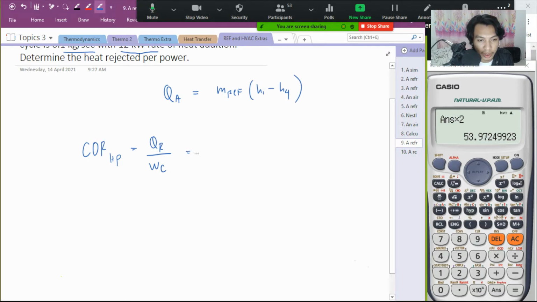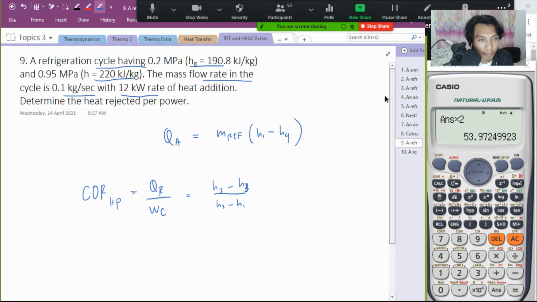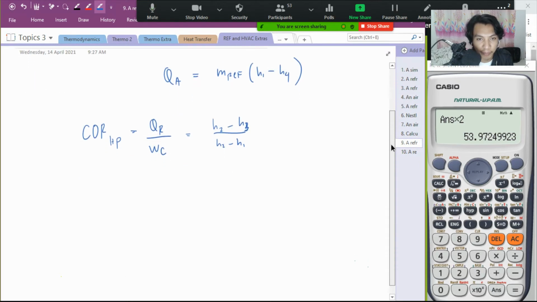So, QR is H2 minus H1 over work ng compressor is H2 minus H3. Dito H2 minus H1. Wala kang H3. Yun. HG, wala kang H3. Ito, dito mo isosolve.